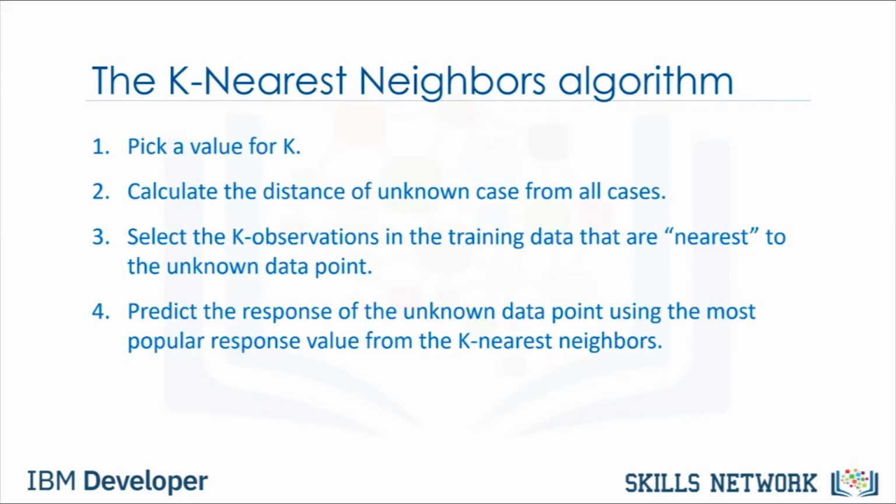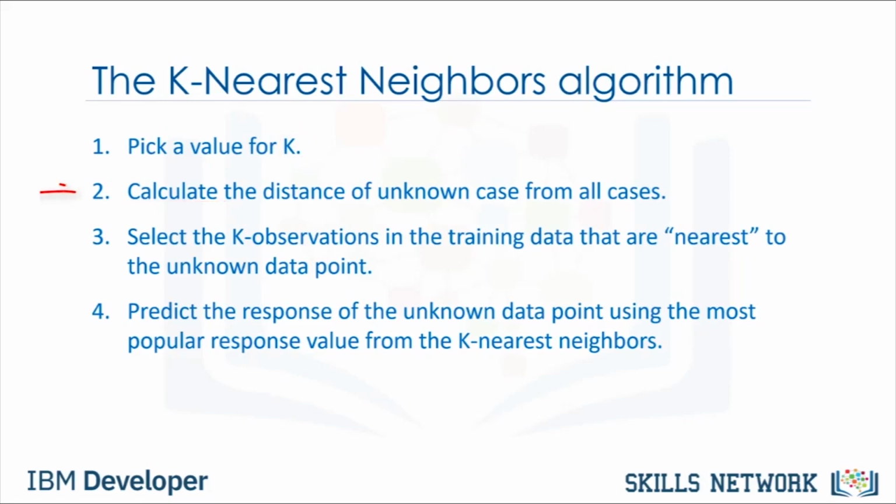And 4. Predict the response of the unknown data point using the most popular response value from the k nearest neighbors. There are two parts in this algorithm that might be a bit confusing. First, how to select the correct k, and second, how to compute the similarity between cases, for example, among customers.